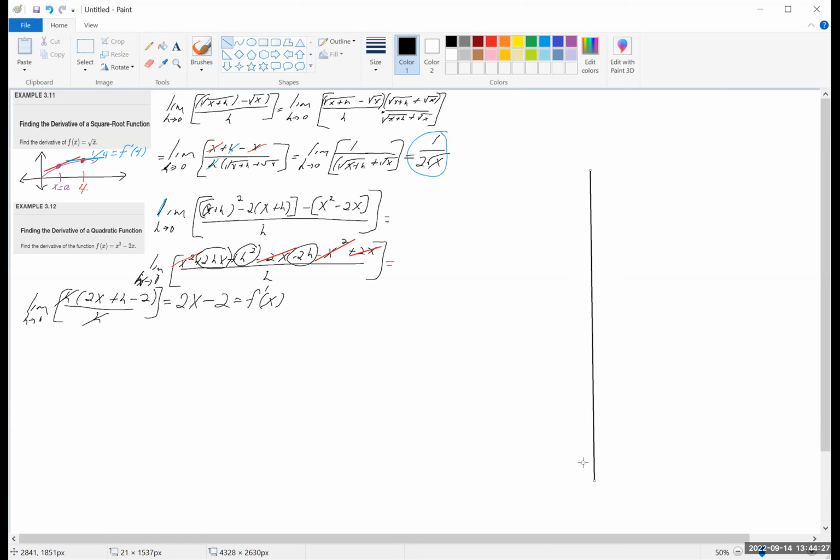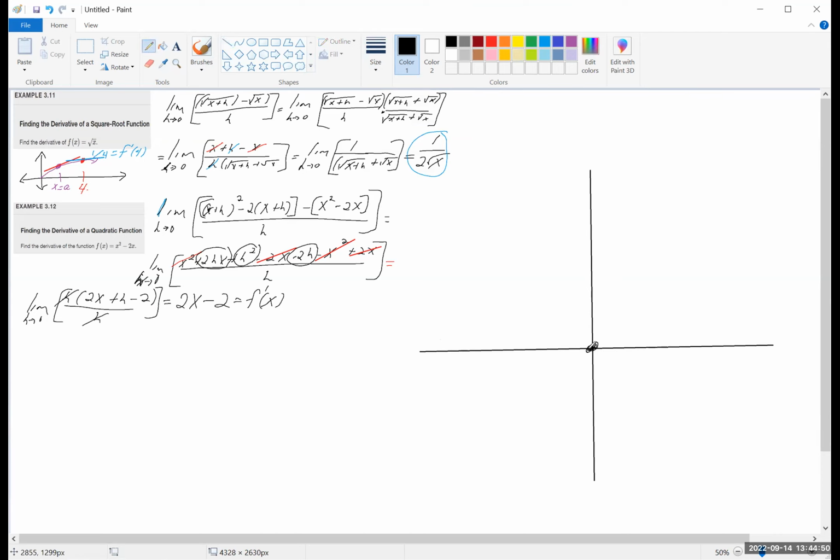So that's my y-axis. And then this is my x-axis. And then my equation was a parabola, x squared minus 2x.